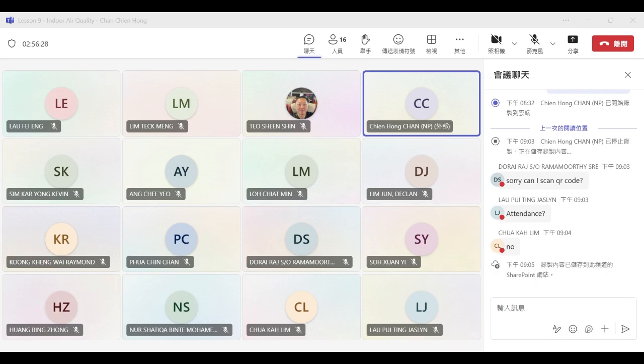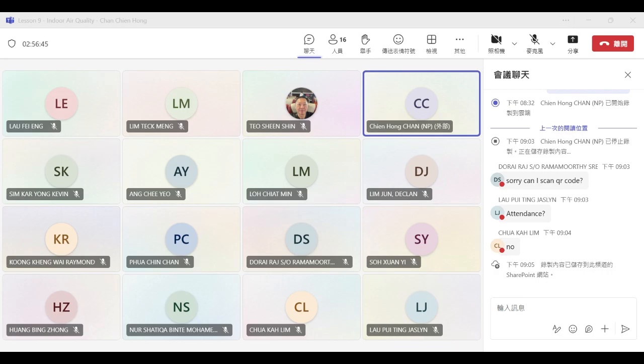So I need to capture your attendance first for these 7 students. You can see that Chapming and Chin Chan, you have already taken your attendance separately. So that's fine.